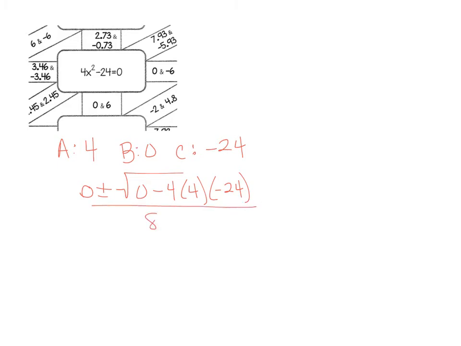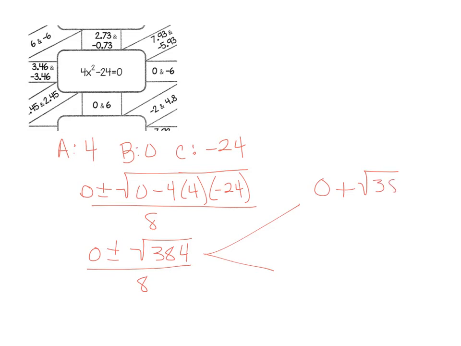So if I go to my radicand, I'm going to go negative 4 times 4 times negative 24. So that gives me 0 plus or minus the square root of 384, whole thing over 8. So we're going to split this into the two equations. I've got 0 plus root 384, whole thing over 8, and I have 0 minus root 384 over 8.